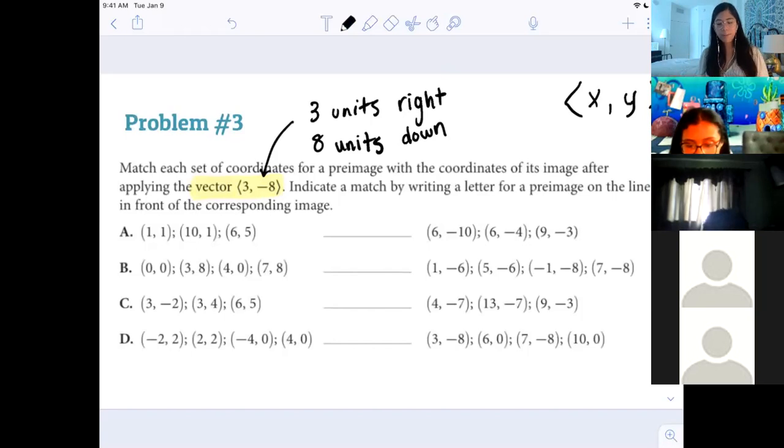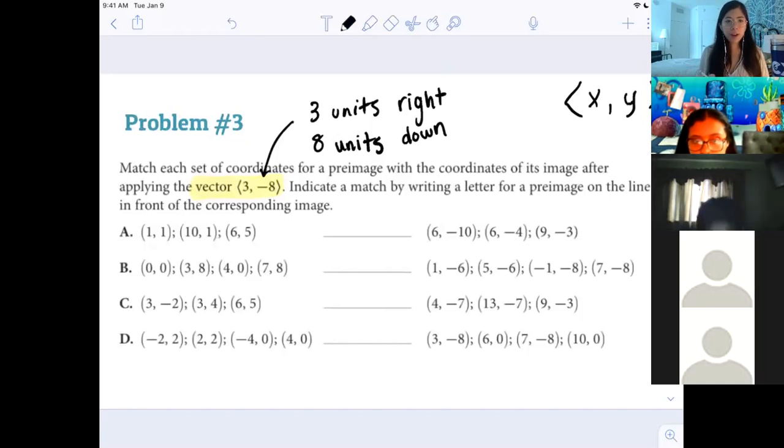Okay, and when you're matching, you have to do the math. Do you guys want me to do the first one together? Would that be helpful? I mean, 0 responses. Okay, I'll just do it.